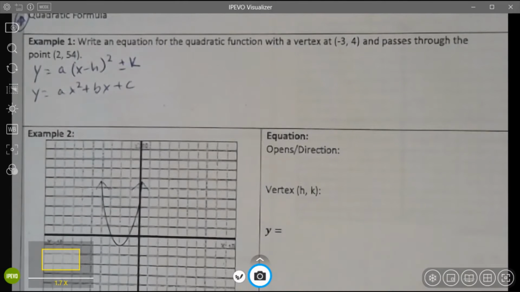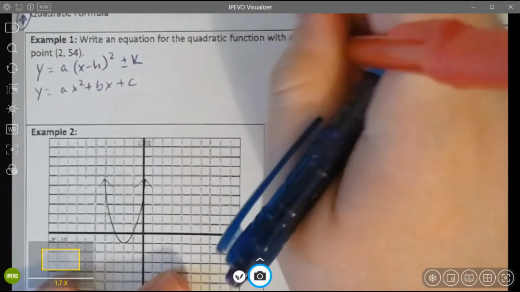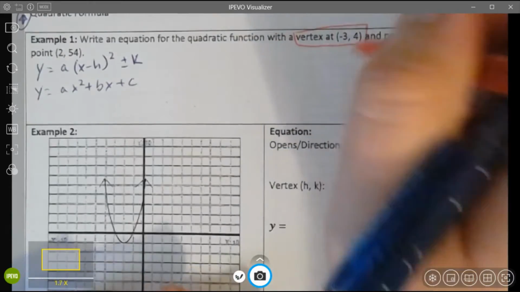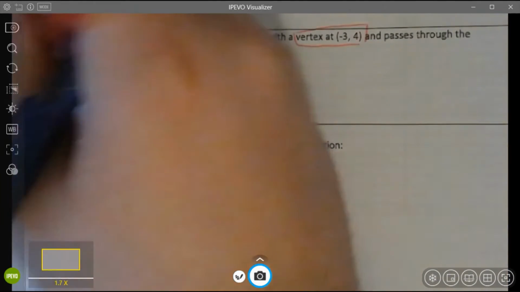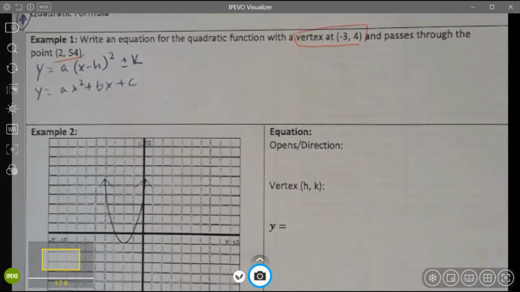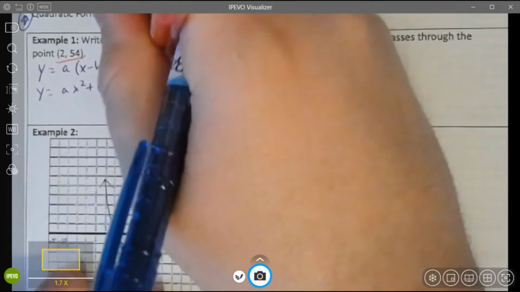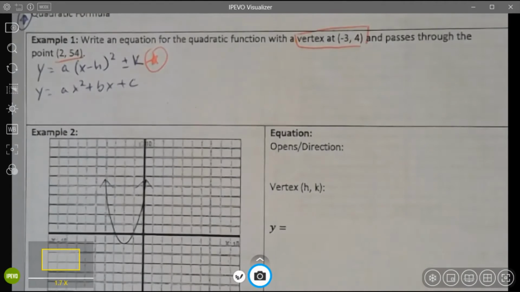But let's look at what we're given. If you go back and reread, you're given a quadratic function that has a vertex at the point -3, 4, and passes through the point 2, 54. So we're given the vertex. So let's go ahead and use vertex form to do this one because we're given the vertex.